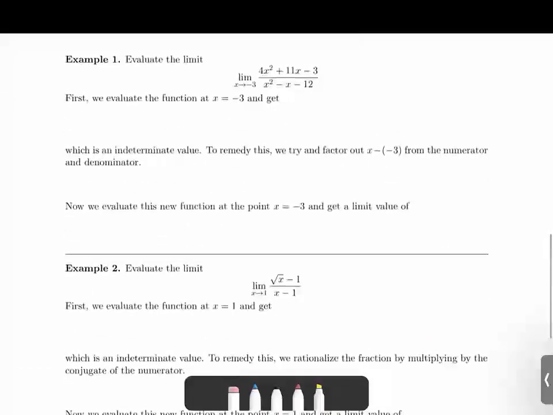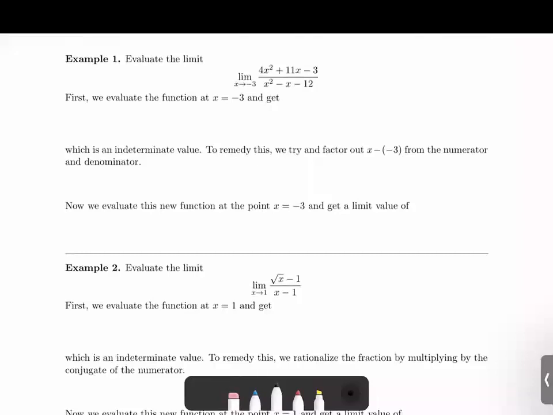So our first example is the limit as x goes to -3 of this fraction. And our first strategy will always be to see, okay, well, does this function have a function value at that point? And see what we get. So I'm just going to plug in -3 straight into my function.